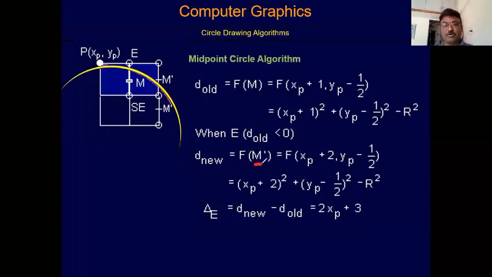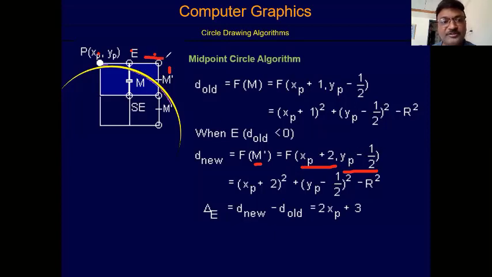So what are the coordinates for ym dash? See, ym dash, this is my xp plus 1, xp plus 2. So this is my xp plus 2 as the x coordinate. What is the coordinate for yp? Again I have to go in the downward direction. So my y coordinate becomes yp minus 1 by 2.